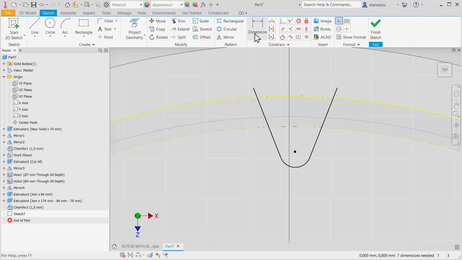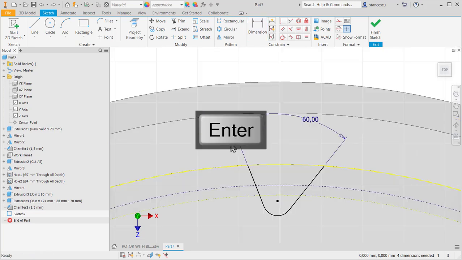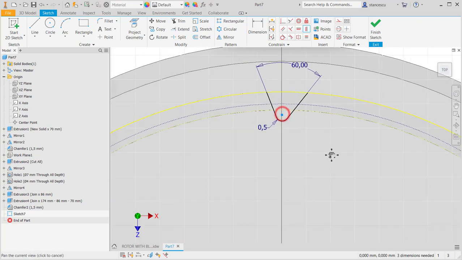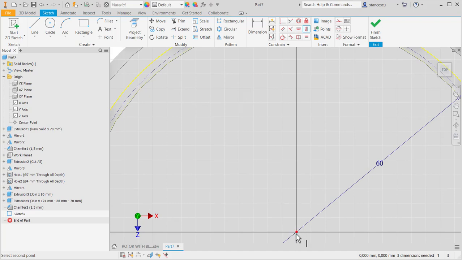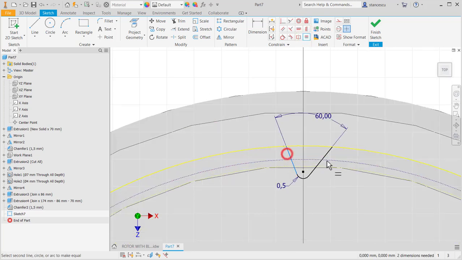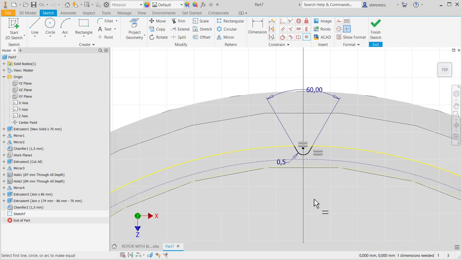Now trim the ends, angle of 60, then the radius of 0.5, the same vertical between these 2 points, and then equal. Good.